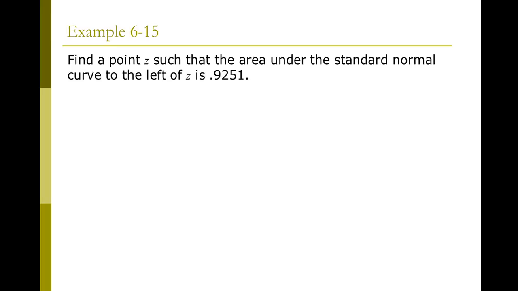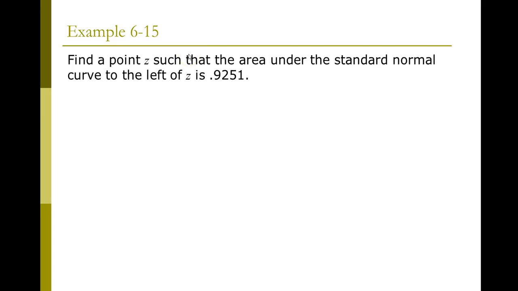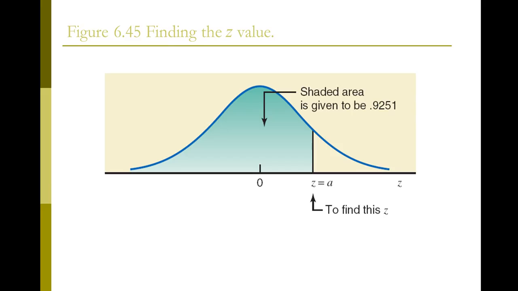So find a point z such that the area under the standard normal curve to the left of z is this. So you just go to the table and you look for this number. So the number is 0.9251. So we want to find the z that has 0.9251 to the left.